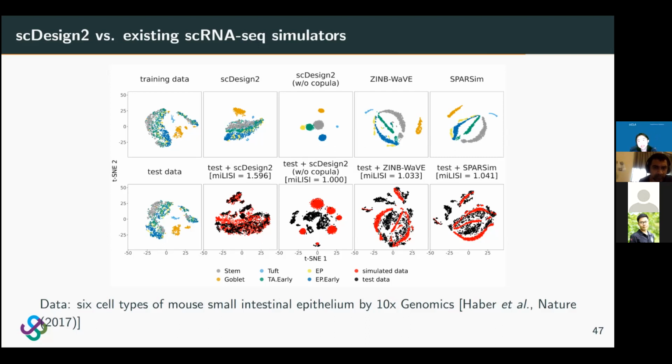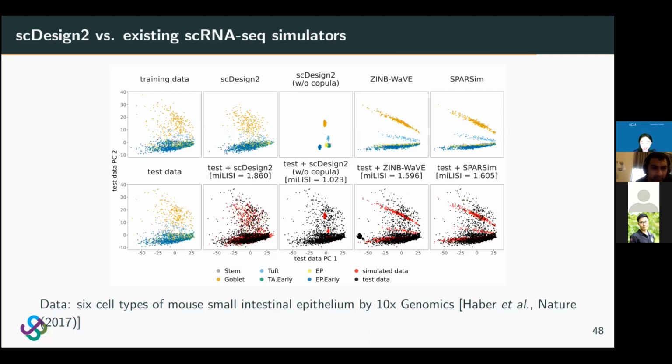And please note that this is before we do the cell type refinement, so all the simulators are using the same original cell types. Still, our synthetic data mixes much better with real data than other simulators do. That's the t-SNE, and this is the PCA. Same data, different visualization, and the same conclusion holds.